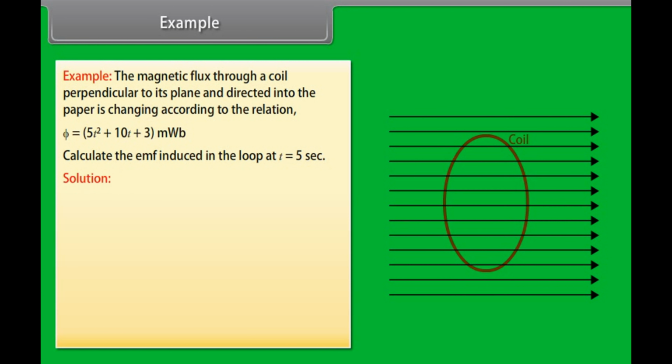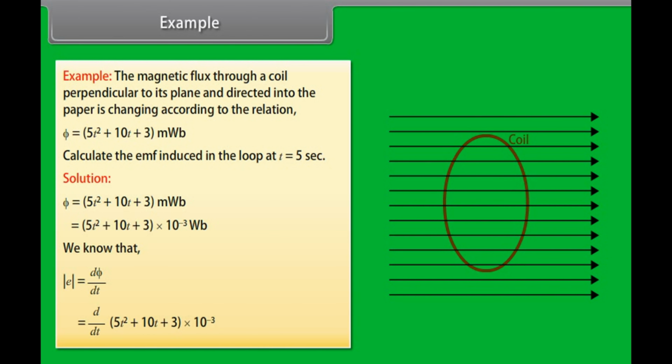Let's see the solution. Given Φ = 5t² + 10t + 3 mWb, it can be written as Φ = (5t² + 10t + 3) × 10⁻³ Wb. We know that E = dΦ/dt.